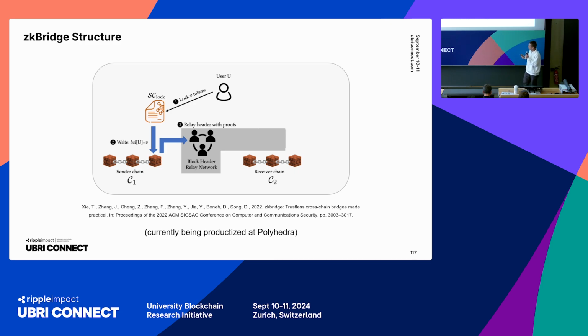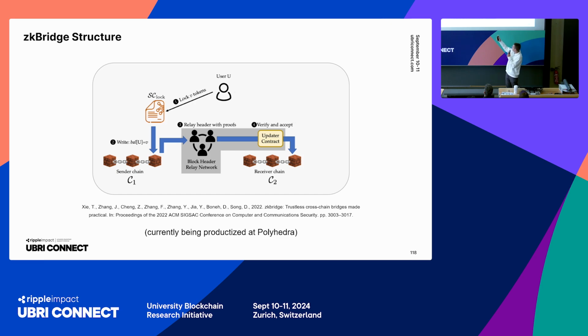In simpler terms, the block header relay network is going to generate a proof that says, hey, in this chain, there's a block that has this header. It's as simple as that. Depending on the chain, that's going to involve verifying some signatures or verifying a hash function, or it has many methods, but it's pretty related to the consensus protocol.